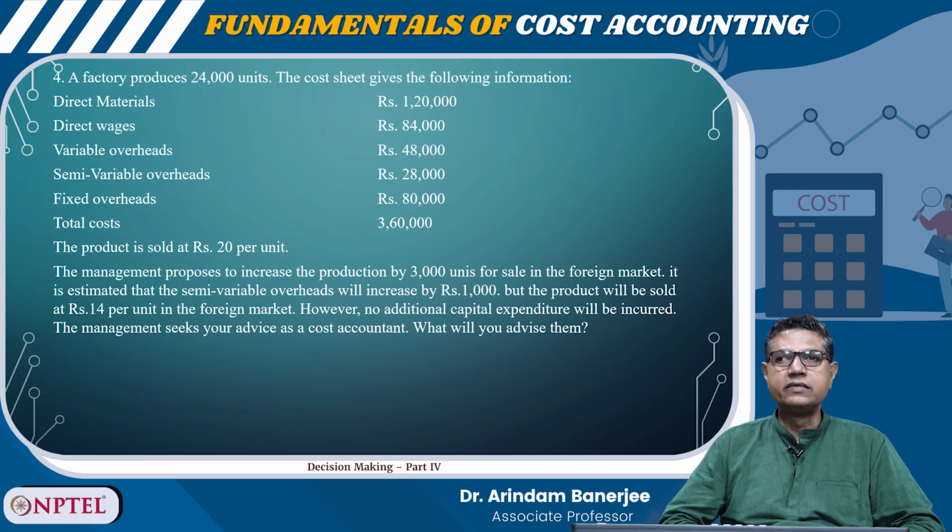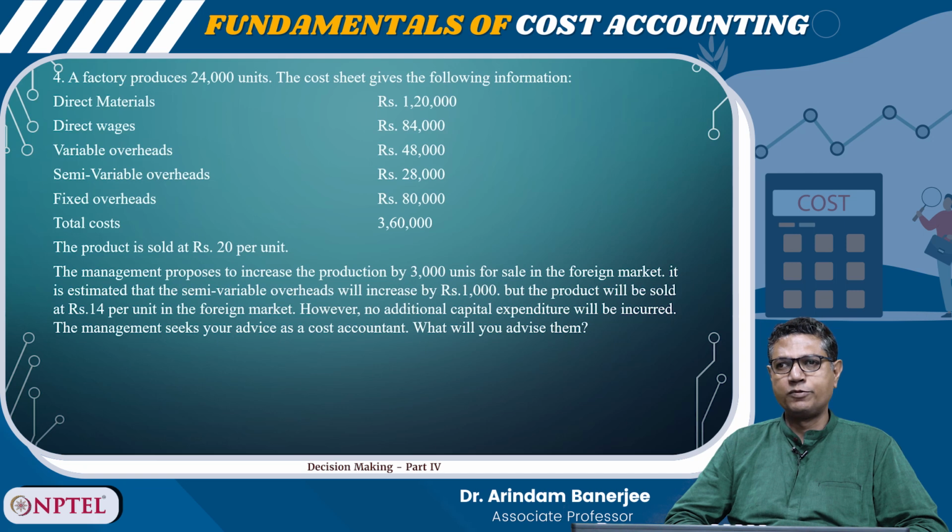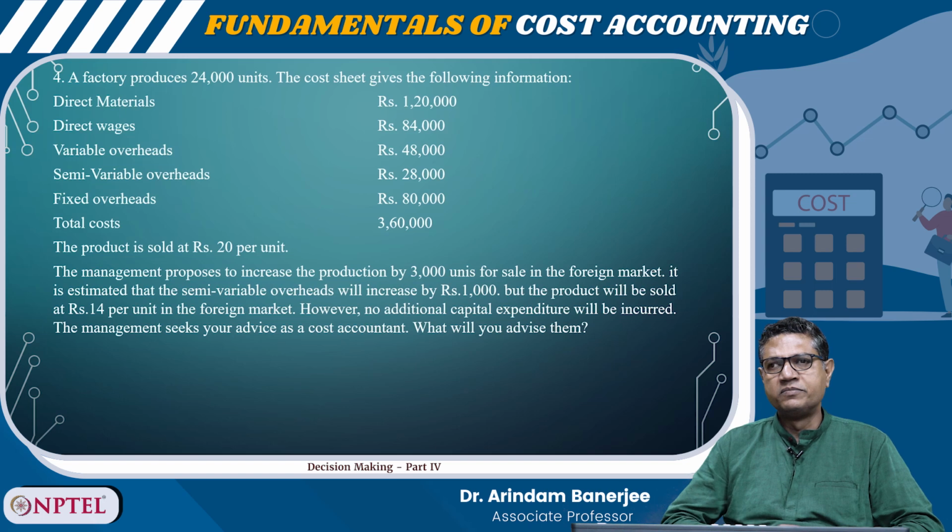Now, this characteristic the companies use for many decision making purposes. Earlier we discussed a few cases where companies received special export orders, and they needed to take a decision on whether the export order should be accepted or not, right. Such decisions, make or buy decisions, the companies take by following marginal costing techniques, right.